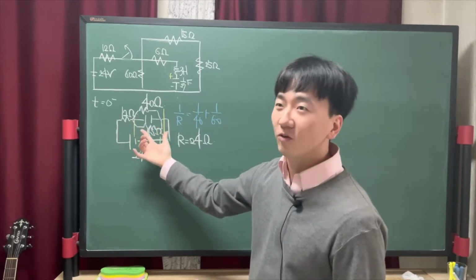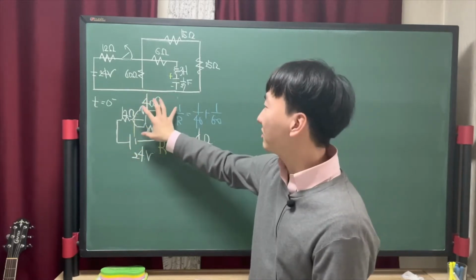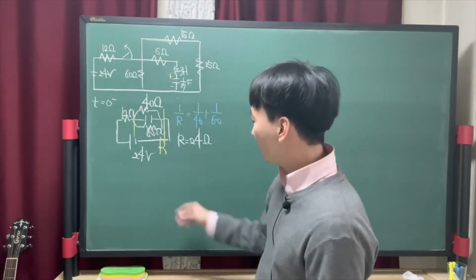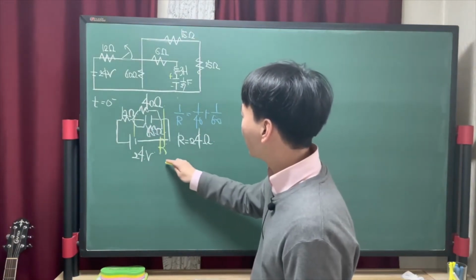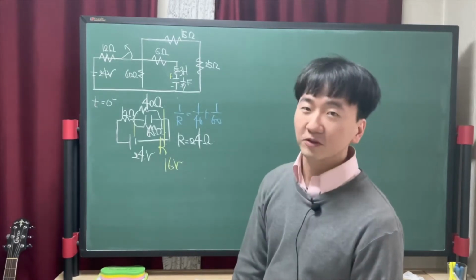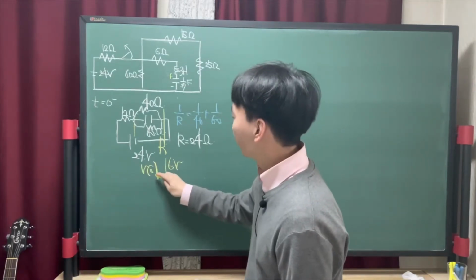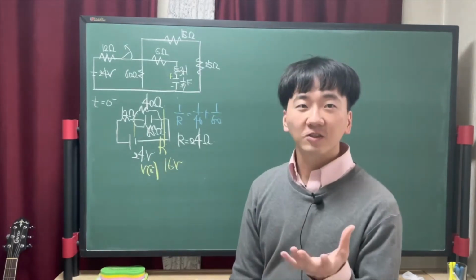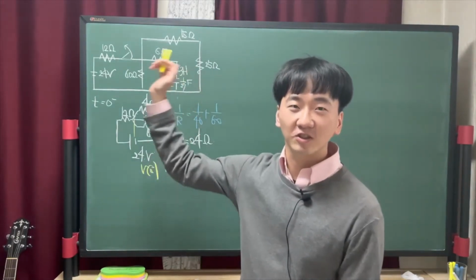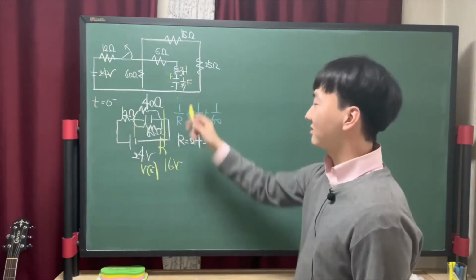So 24 means 2/3 of the total voltage will be taken here, so the voltage is 16 volts on the initial capacitor. So V0 minus and V0 plus will be the same right after the switch is off. It will be the same, and there is a coil.